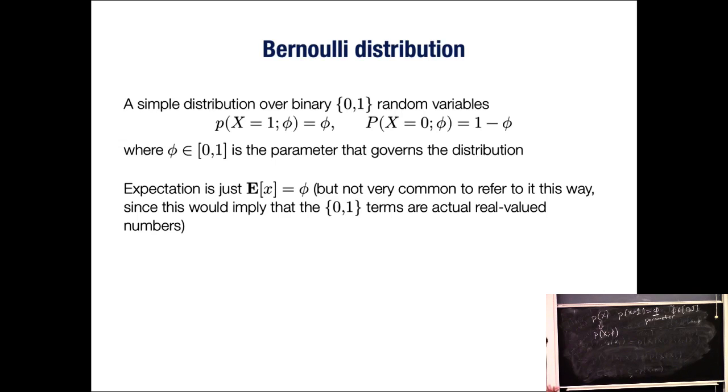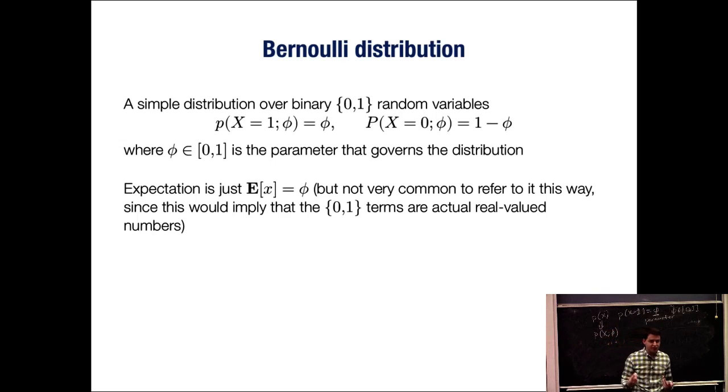In the case of a Bernoulli variable, that parameter would be one value, just the probability of it being positive. So it's almost too obvious, you don't even think of it as really being a parameter. But for a lot of more complex distributions, you really need to think about these as parameters because they don't have any nice interpretation other than that. A couple other properties: the expectation is also equal to phi, but again, only do that if the 0 and 1 actually are meaningful.